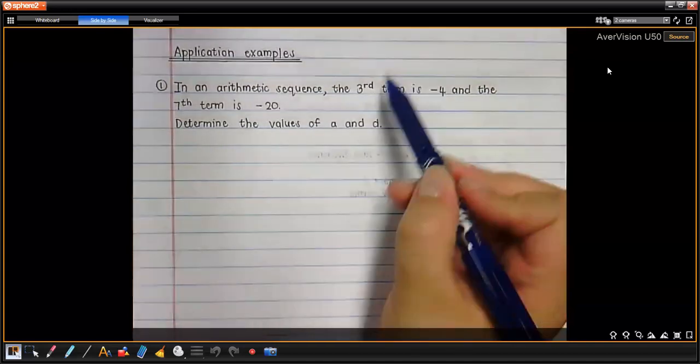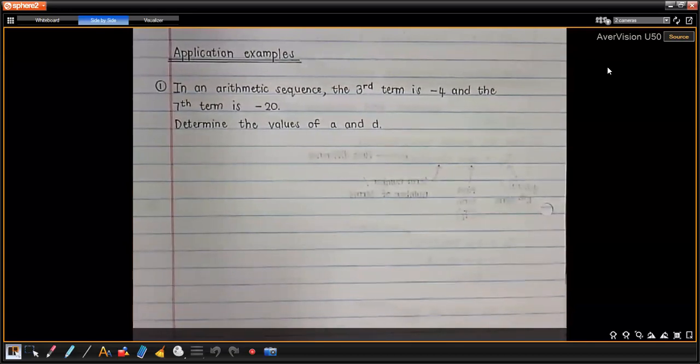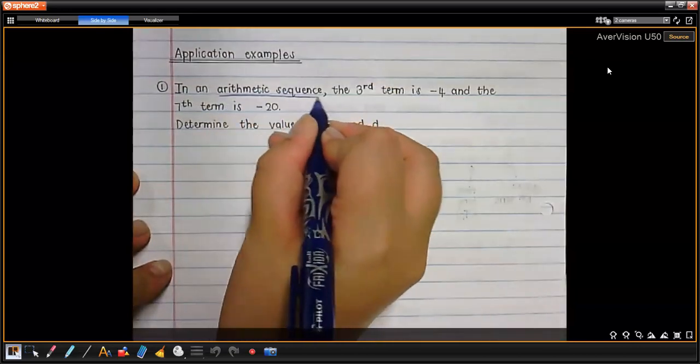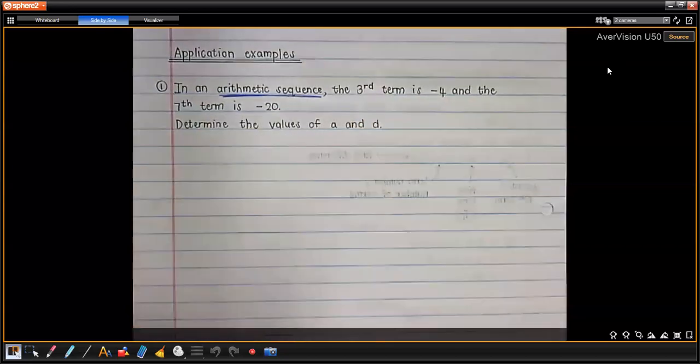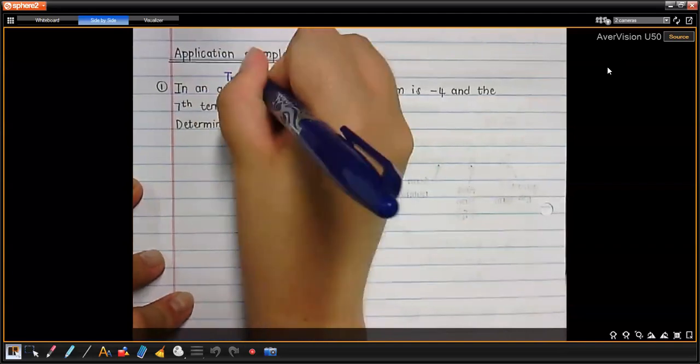Because maybe they gave us term 3 and then term 9. Okay, then we can't just do jumps. Oh, how many times did I jump? What is the difference? Okay, so what I want us to remember is that if they are telling us that it's an arithmetic sequence, a linear pattern, we are going to work with this formula.